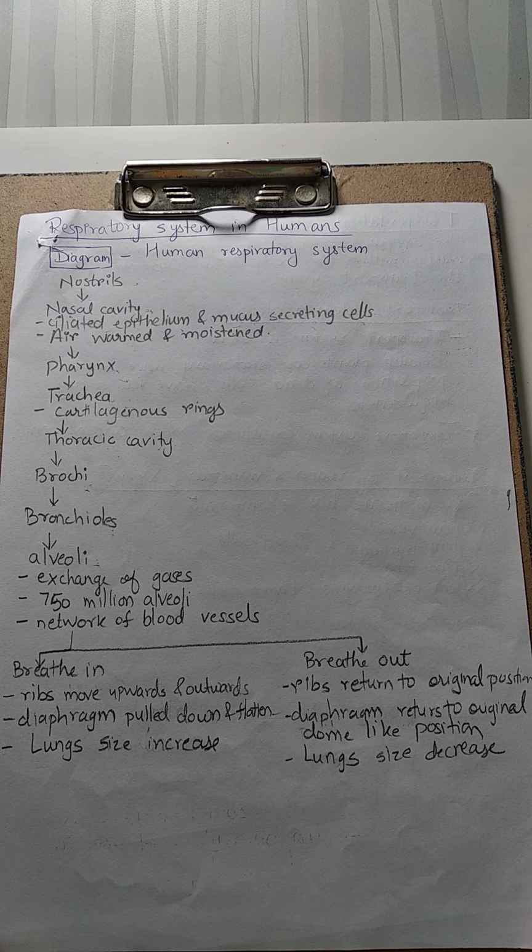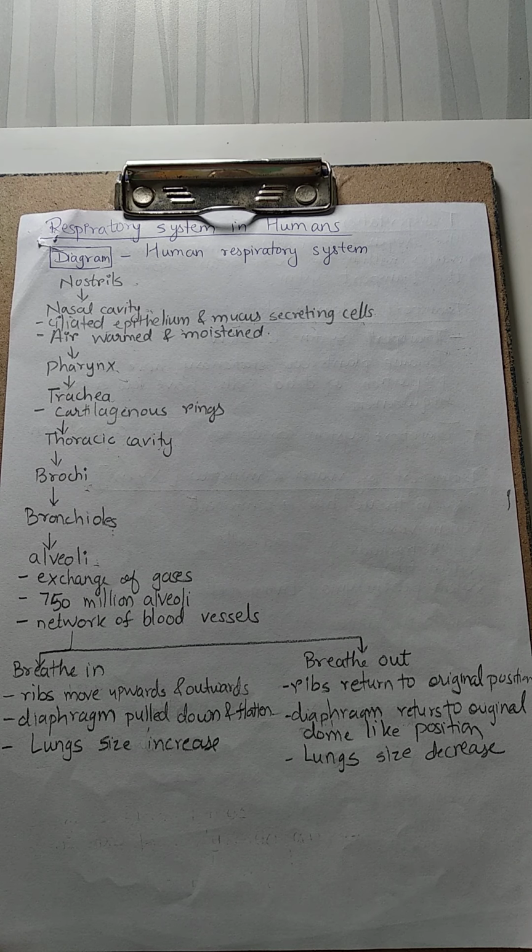Then from pharynx the air has moved into the trachea. अब ये trachea क्या है? Trachea is about 11 centimeter in length and 2.5 centimeter in diameter. It is made up of cartilaginous rings.